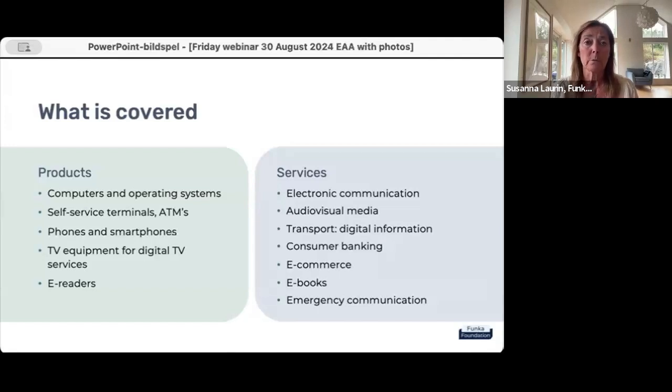So not the bus or train itself, but the digital information around it. Consumer banking, e-commerce, e-books, and emergency communication. So a rather wide scope. And of course, these products and services are selected to be the ones most important for people with disabilities, but it's not all products and services. It's just the selected ones that are covered.